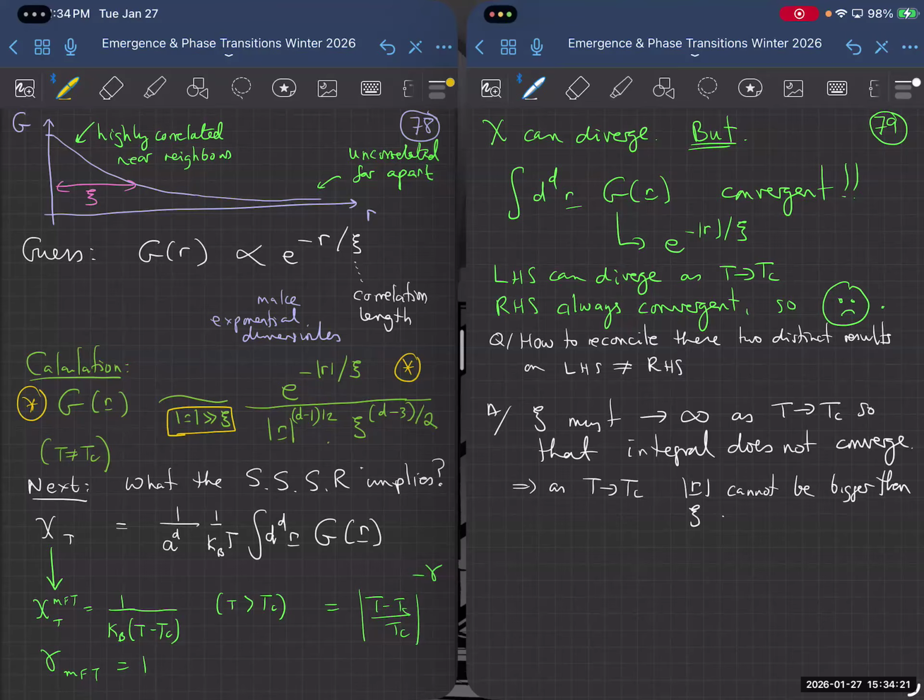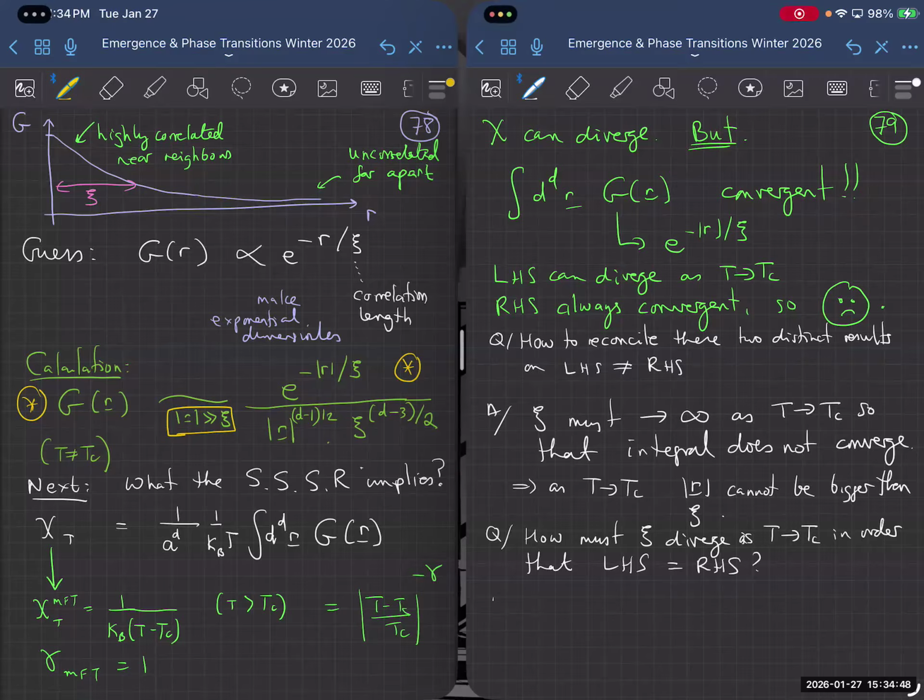Okay, so let's try to do the integral, and work out how psi must diverge as t goes to tc in order that the left-hand side equals the right-hand side.